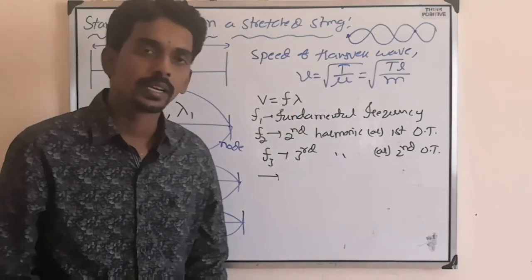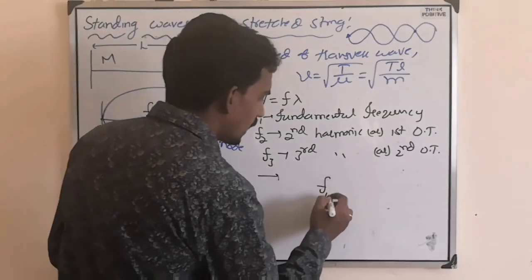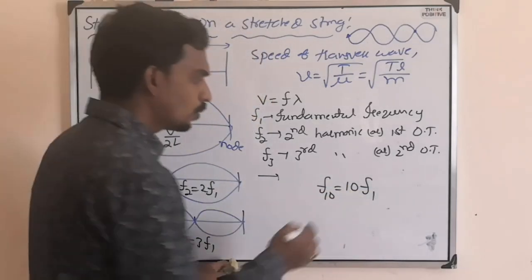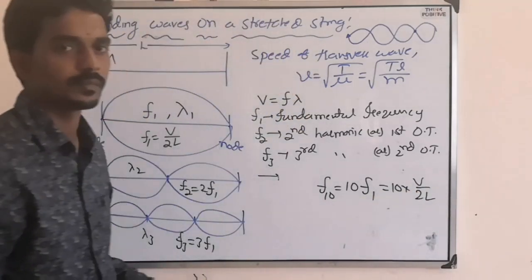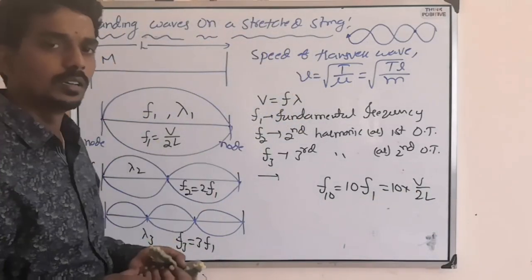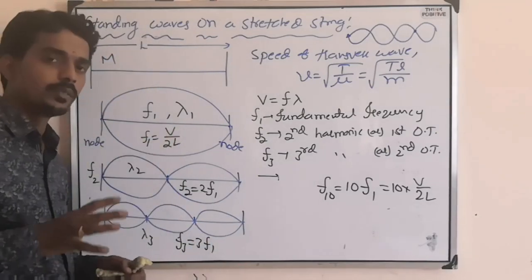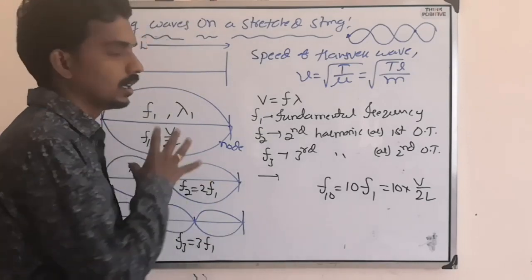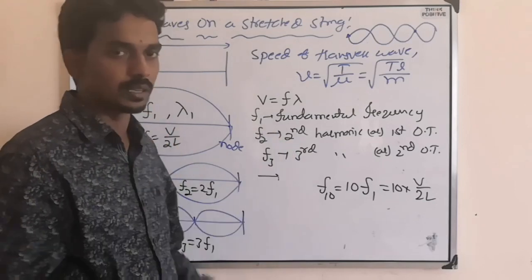If 10 loops are there, 10th harmonic. Then what will its frequency become? F10 will become 10 times the fundamental frequency. So what is the fundamental frequency formula? V by 2L. You can remember this one formula and find the frequency of any possible harmonic in the case of a stretched string between two fixed supports.